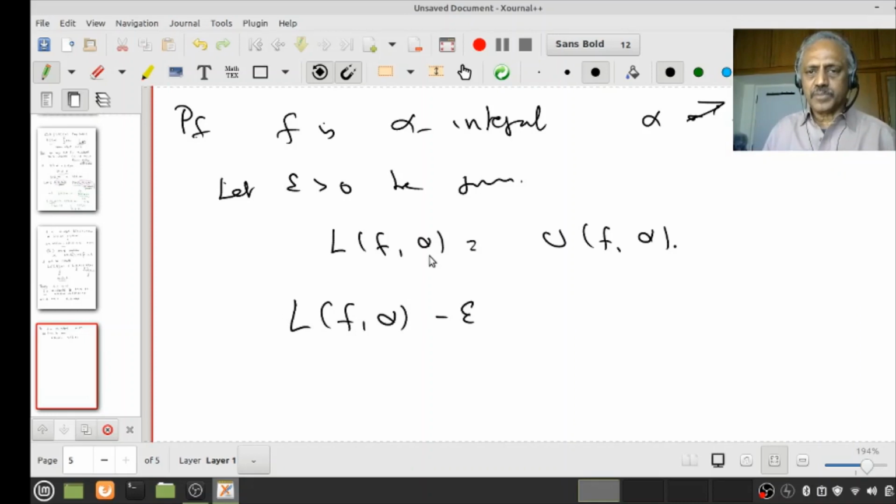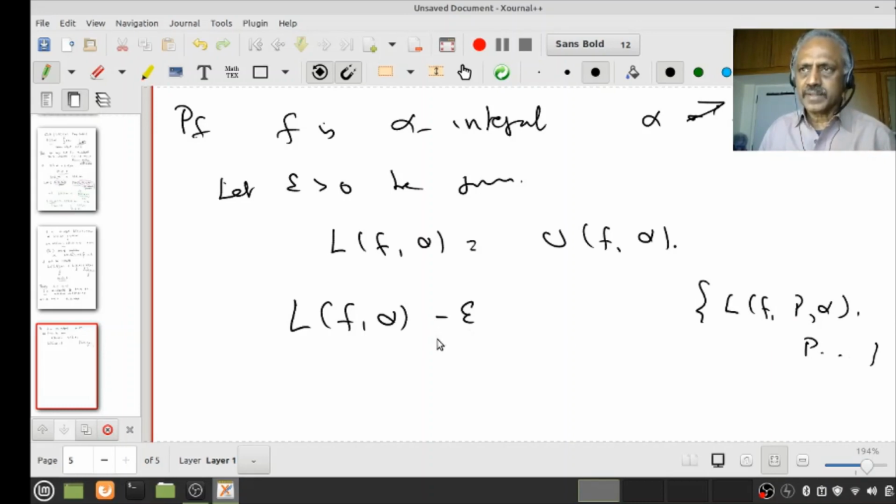This is the least upper bound of certain numbers, therefore this is not an upper bound for the set. Which set? LfP alpha. For this set, this is not an upper bound. If it's not an upper bound, what does it mean? This is less than some number LfP alpha. There exists an element of the set which is strictly greater than this.